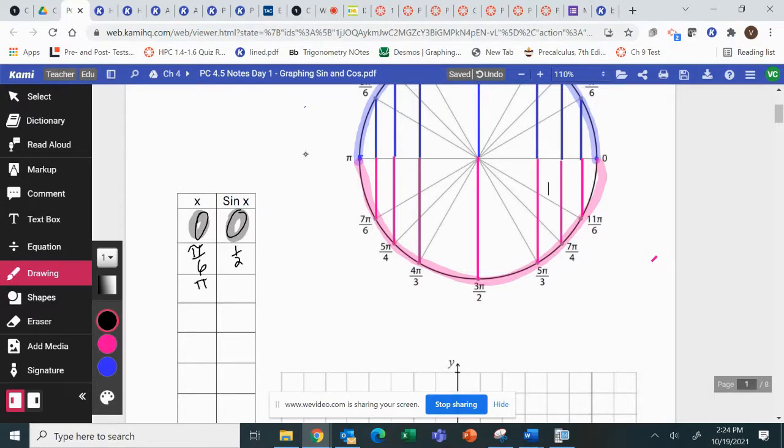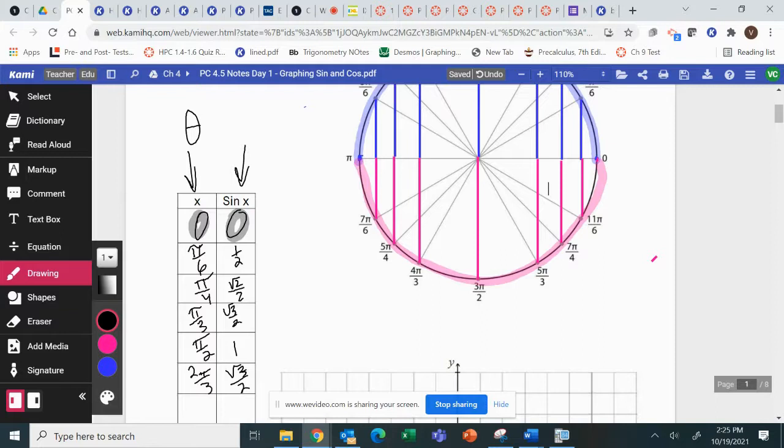Then pi over 4, square root 2 over 2. Then pi over 3, square root 3 over 2. Pi over 2, 1. 2 pi over 3, square root 3 over 2. I'm not going to keep writing all of these, but this is what I'm doing: making my inputs the thetas and my outputs the sine values.